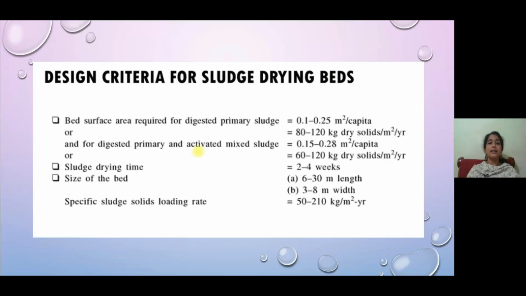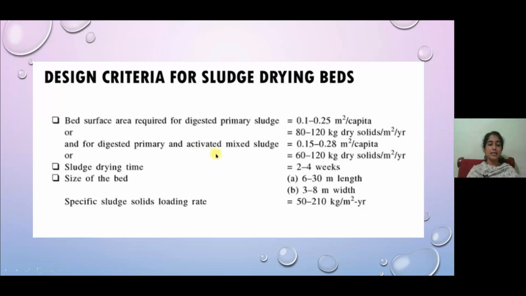Then the design criteria for sludge drying beds. The bed surface area required for digested primary sludge is 0.1 to 0.25 square meter per capita. And for digested primary and activated mixed sludge, it is 0.15 to 0.28 square meter per capita.